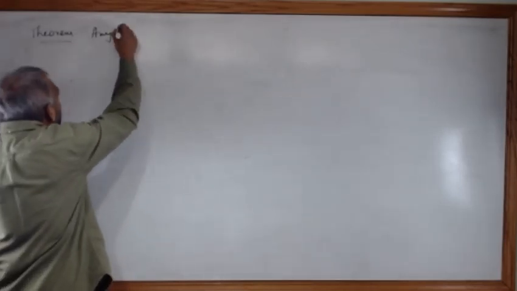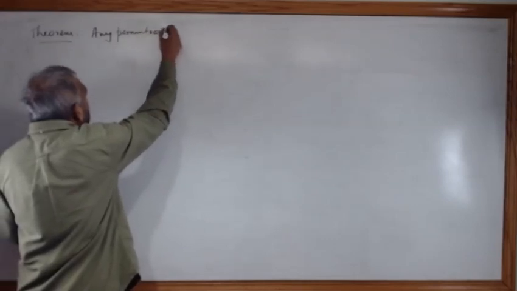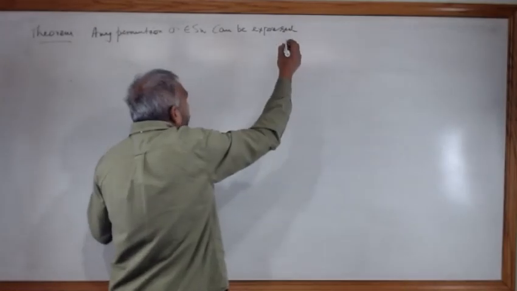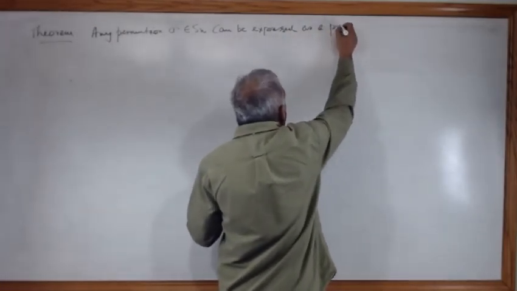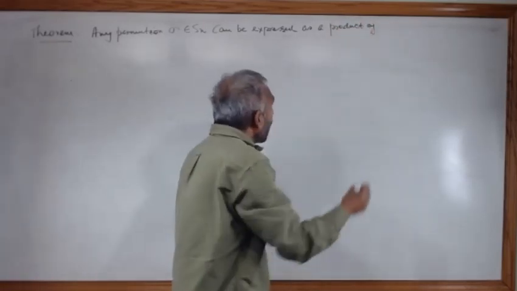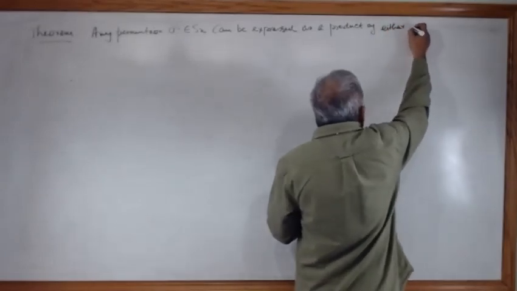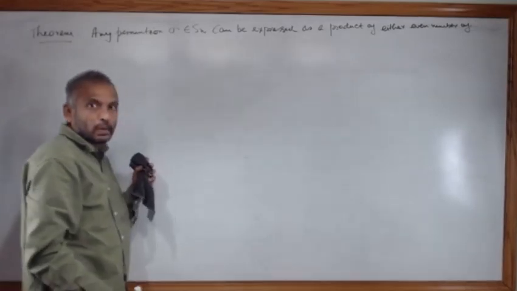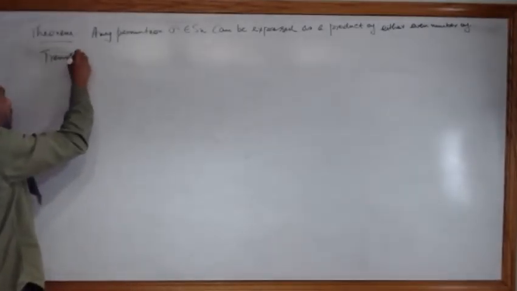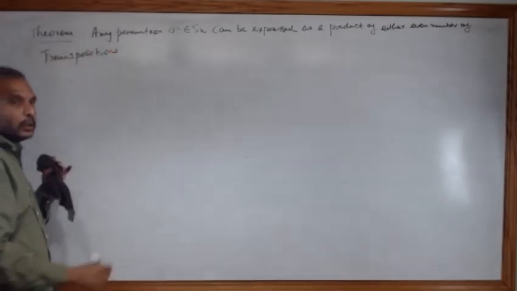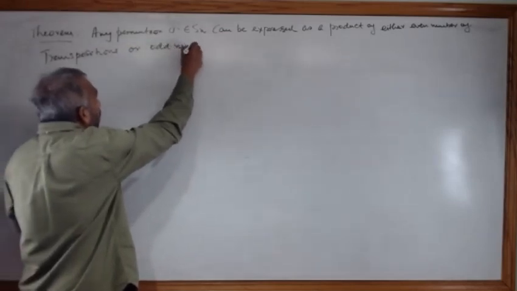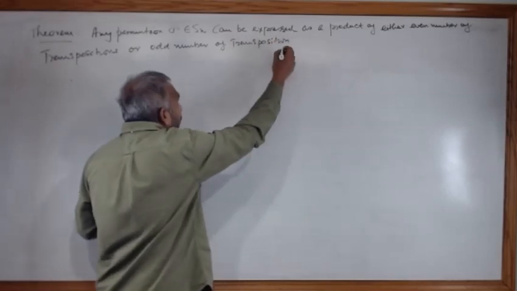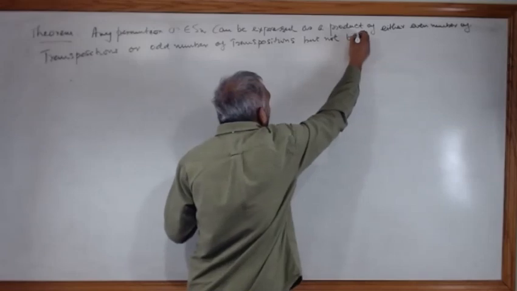Any permutation sigma in Sn can be expressed as a product of either an even number of transpositions or an odd number of transpositions, but not both.